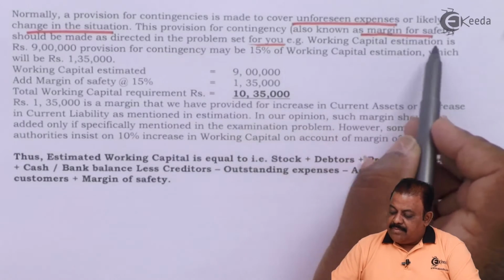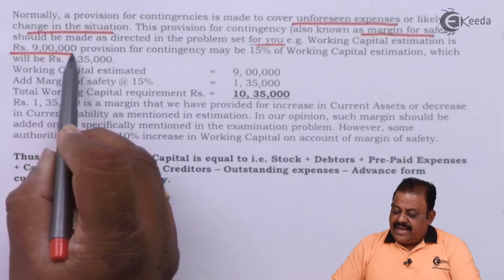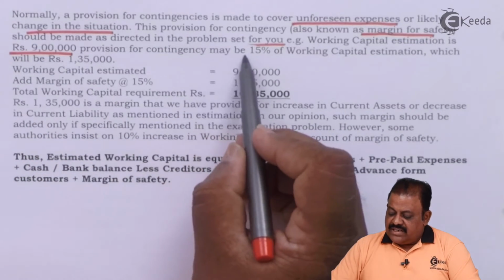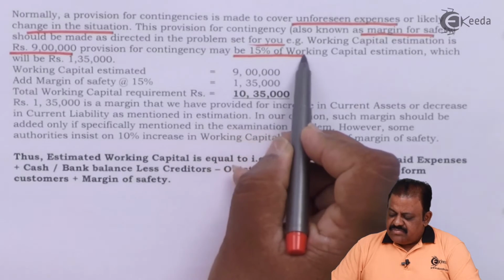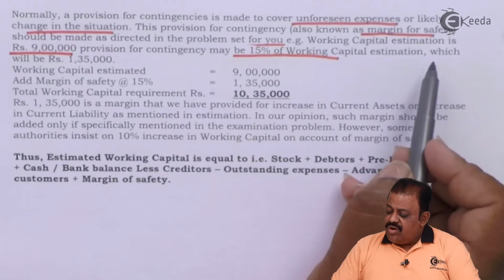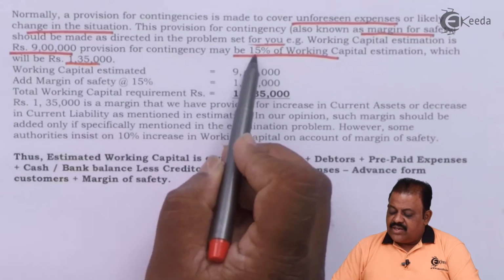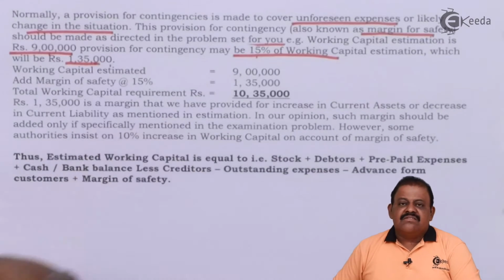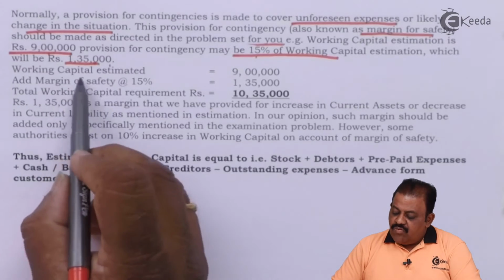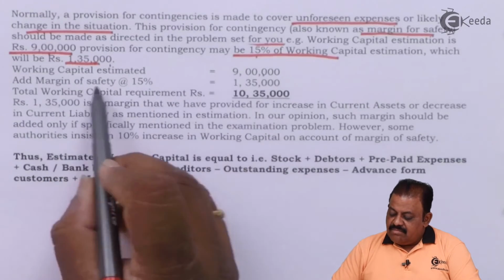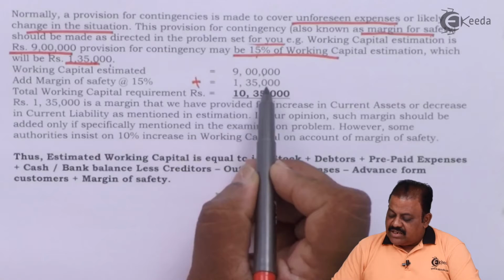For example, working capital estimation is 9 lakh. Provision for contingency may be 15% of working capital estimation, which will be 15% of 9 lakh, that is 1,35,000. Working capital estimated 9 lakh, margin of safety added 1,35,000.